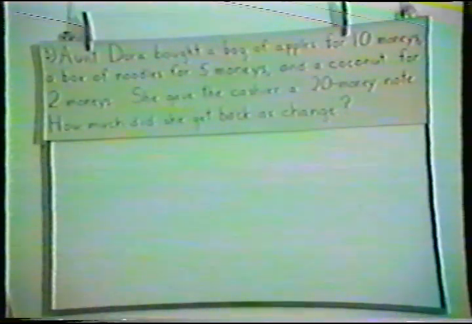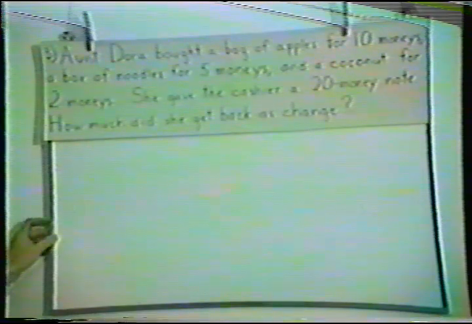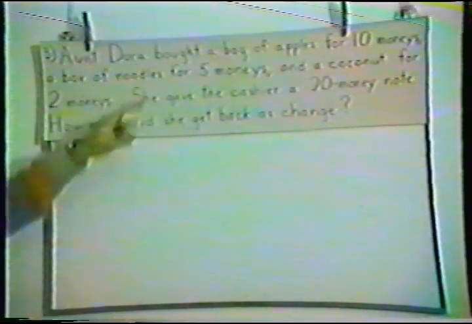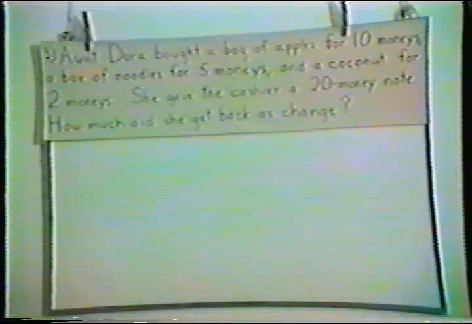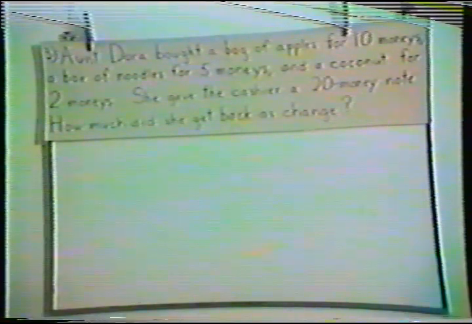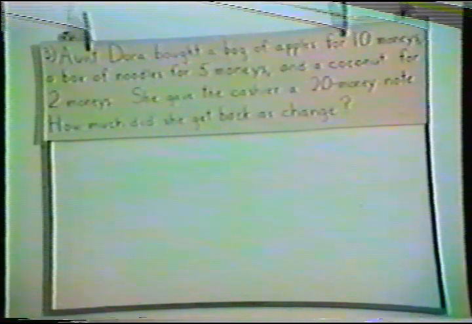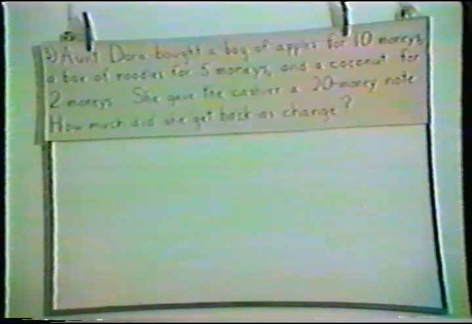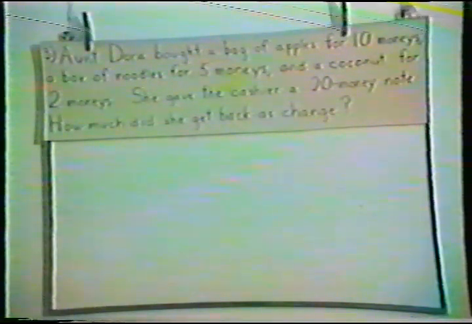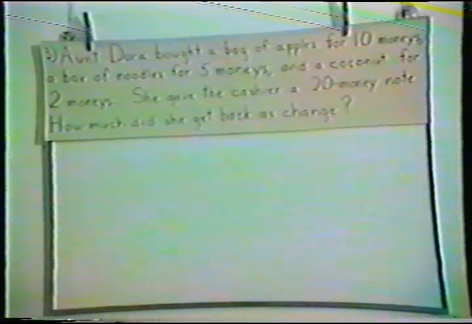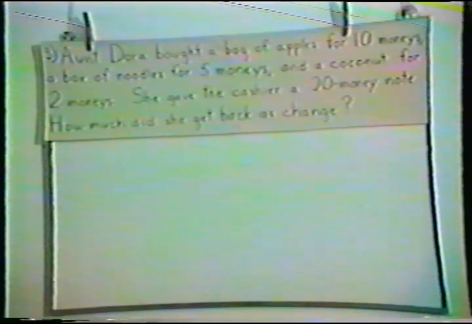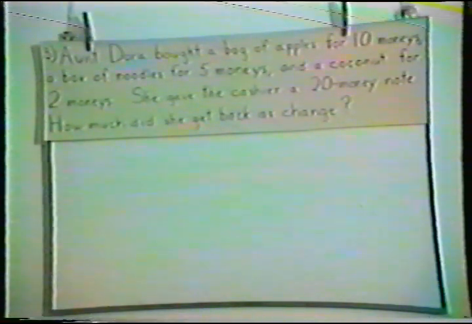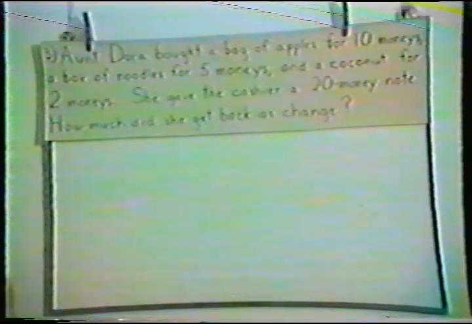Problem number 3. Aunt Dora bought a bag of apples for 10 monies, a box of noodles for 5 monies, and a coconut for 2 monies. She gave the cashier a 20 money note. How much did she get back as change?